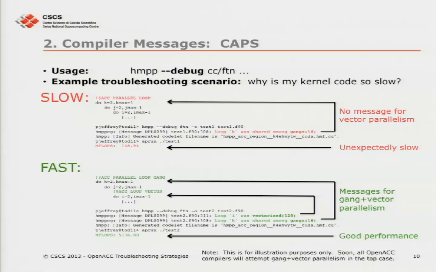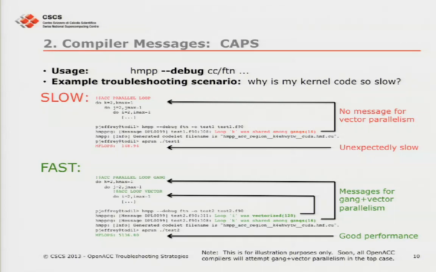So we go back and look to see what the compiler was doing, and it just dumped out a message saying that it partitioned across the various gangs, but there's no information about the vectorization that happened. That should be a red flag, and you want to pay attention to these sorts of compiler messages.